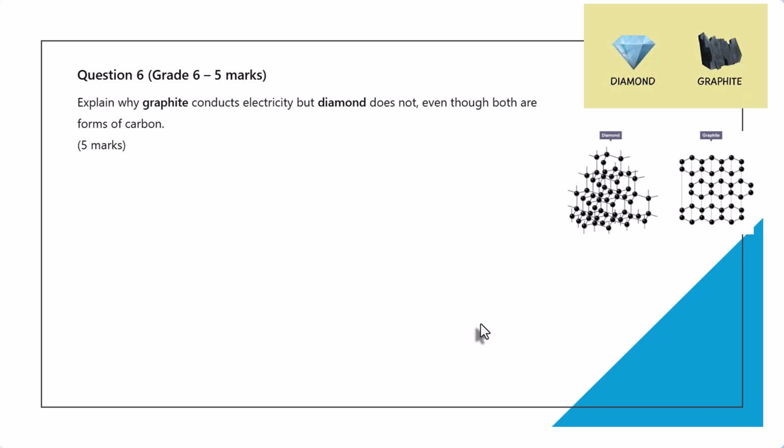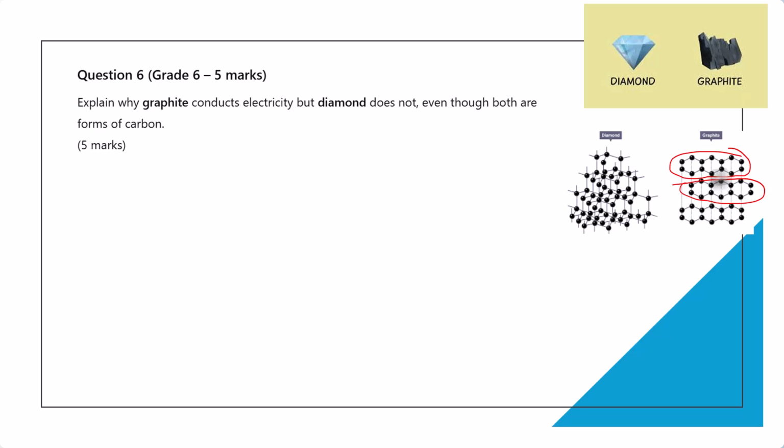In terms of other properties, diamond is very hard. These covalent bonds are very, very strong. Now, graphite is slippery, kind of softer, because we normally have what we call hexagonal layers. That's a hexagonal layer there, and there's another hexagonal layer here, and in between those layers there is weak intermolecular force.